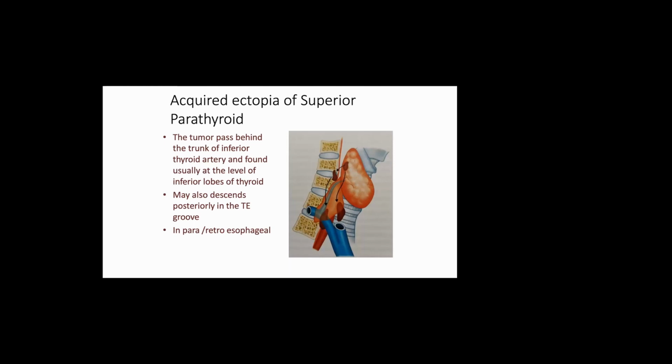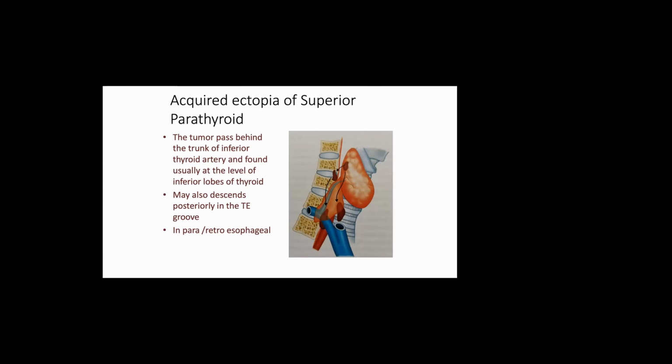So in the acquired ectopia of superior parathyroid, the tumor can pass behind the trunk of the inferior thyroid artery and be found at the level of the inferior lobes of the thyroid. This is very, very common. Just last week, I operated on a lady who was thought to have an inferior gland in the more superficial planes.